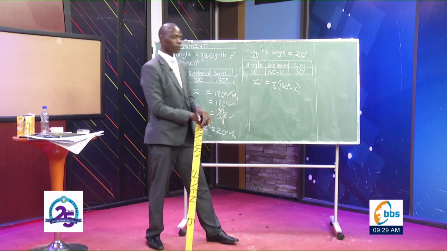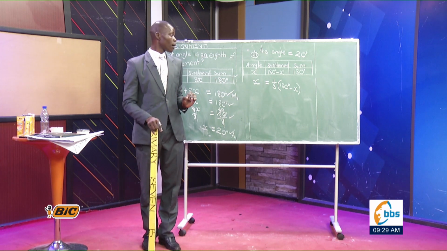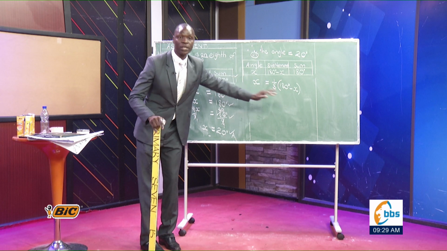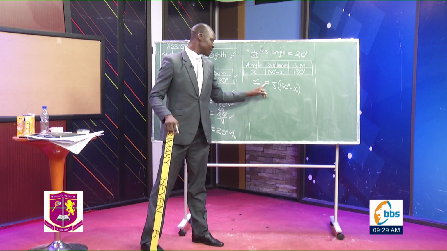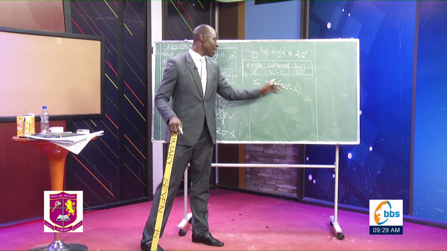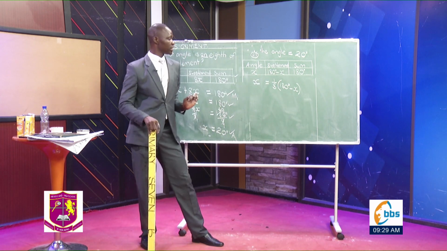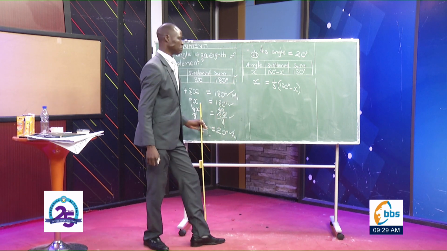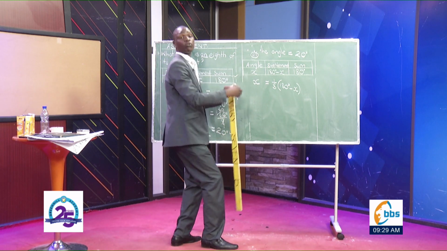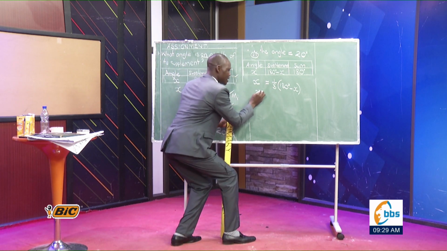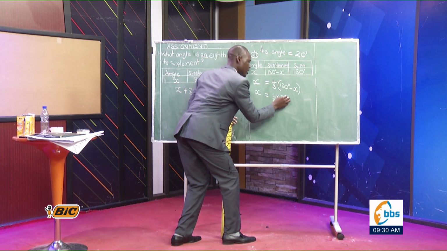From here, we shall need to open up the brackets, and we can use various ways. Remember, I told you this angle is just an eighth of the supplement. You can say an eighth of the supplement, or get the supplement and divide it by 8. Let's open up the brackets, then I will use also the other alternative. Our x here will be equal to 1 out of 8 times 180 degrees.